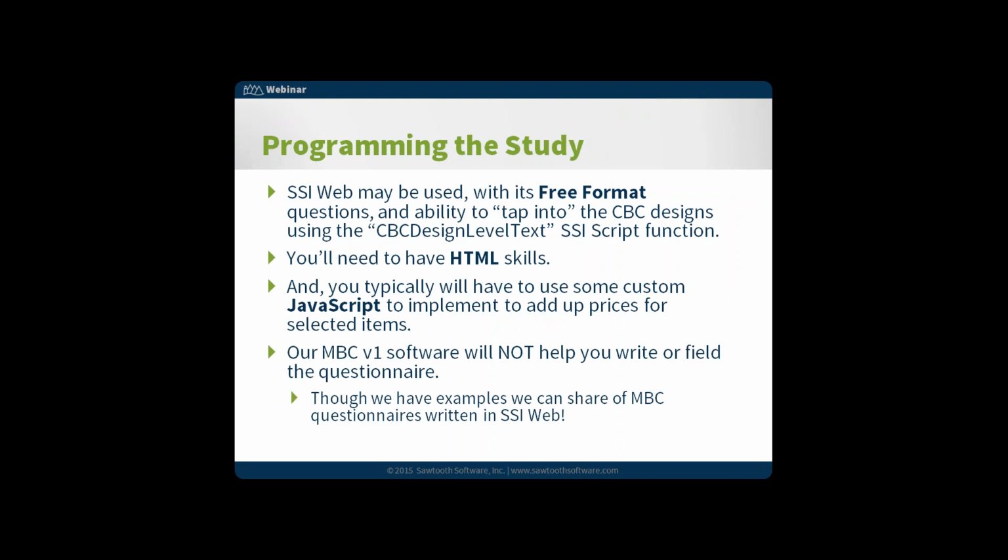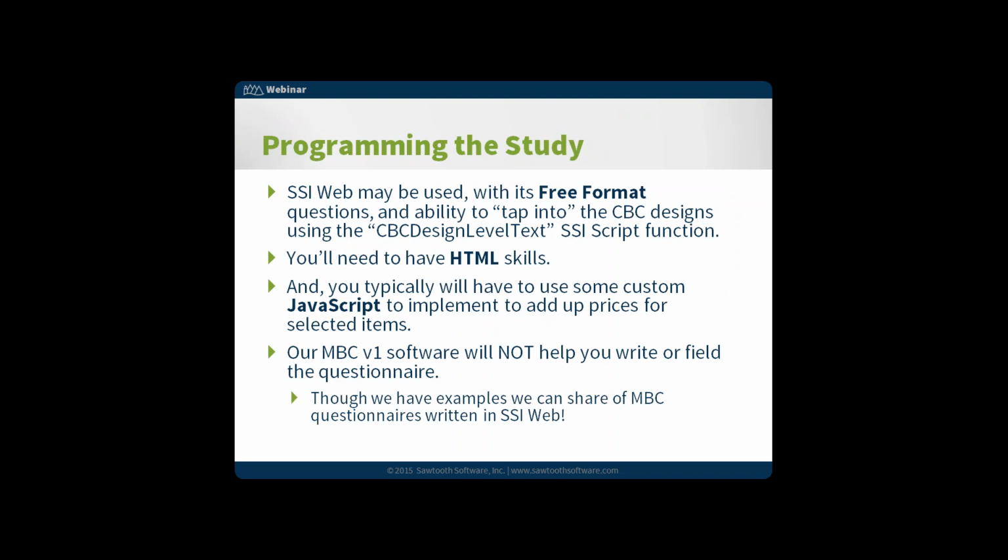So in terms of programming the study, after you've got your experimental design, and again you can use Sawtooth Software's CBC software or Sawtooth Software's CVA software to generate those experiments. In that example I just showed you, you just say, hey, there's 5 attributes, each with 3 levels, generate an experimental design. Once you've got that experimental design, SSI Web can tap dynamically into that experimental design using its free format questions.